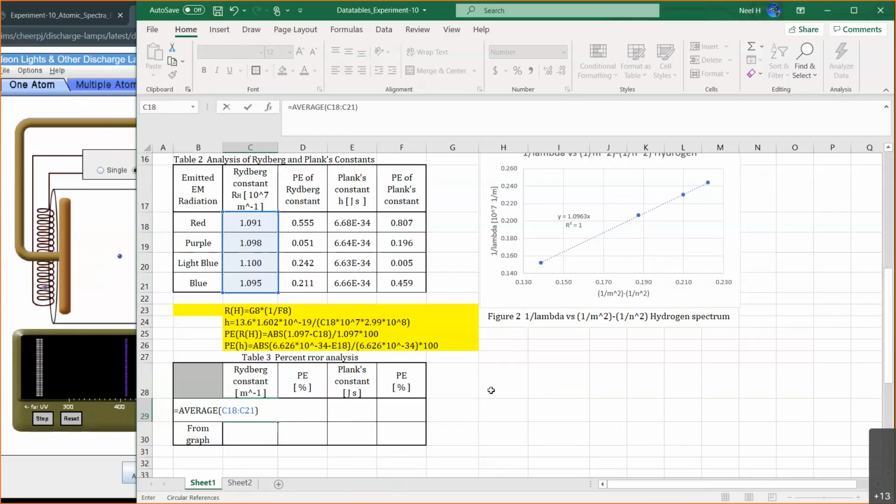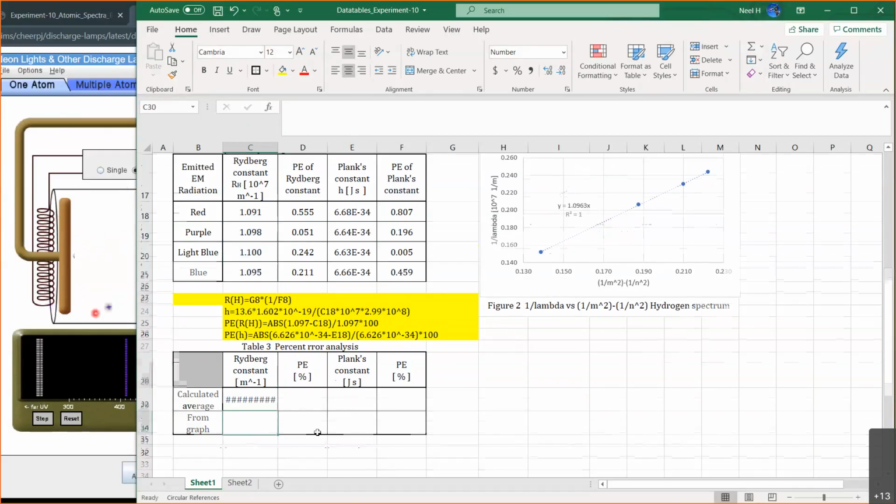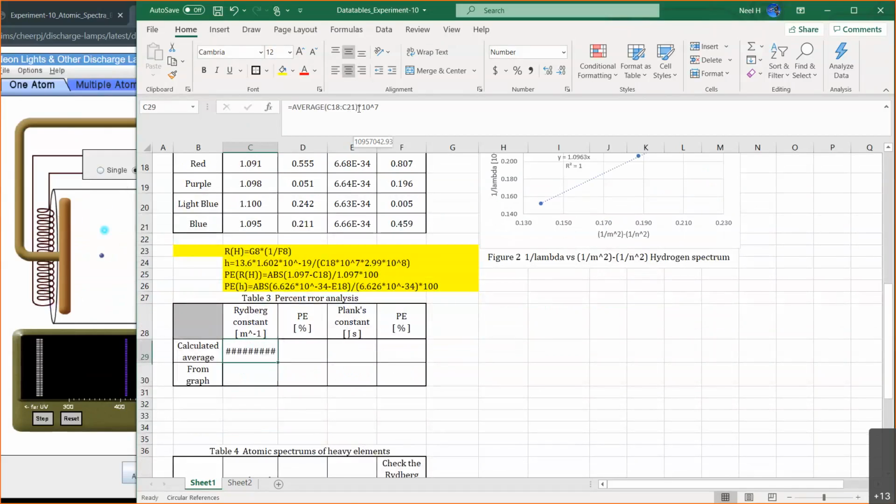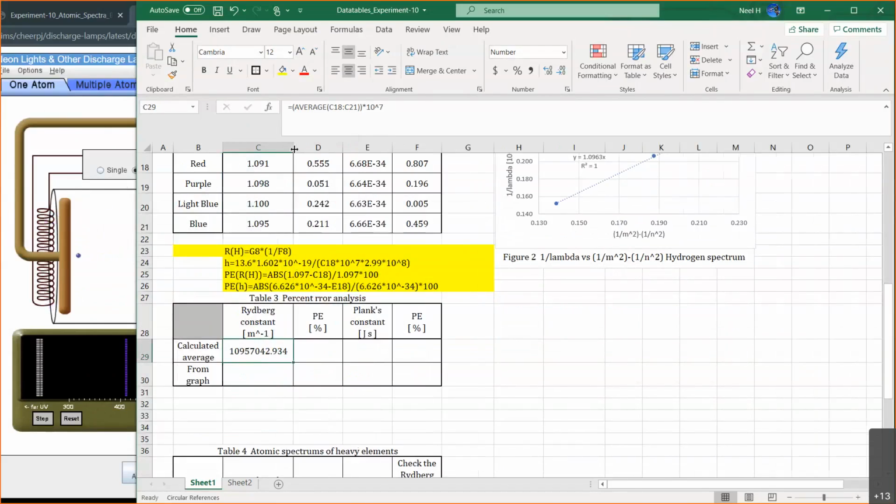But I'm going to include that 10 to the power value there. Multiply 10 to the power 7. Now, if you do that, it will give you an error because it will count it with the average command. I can't do that, okay? So that will be a problem.